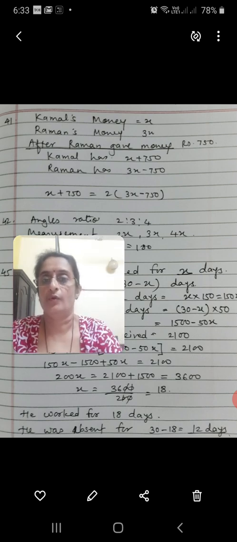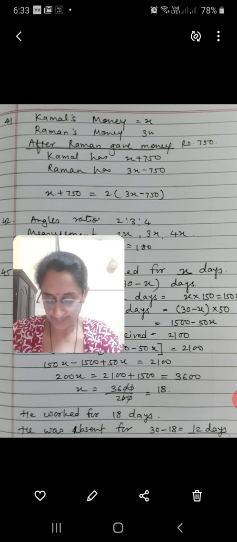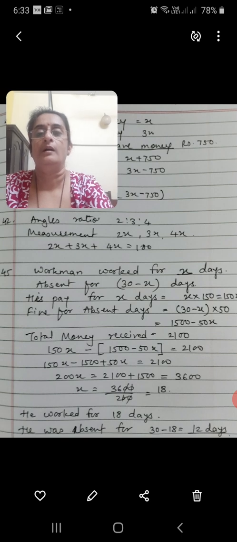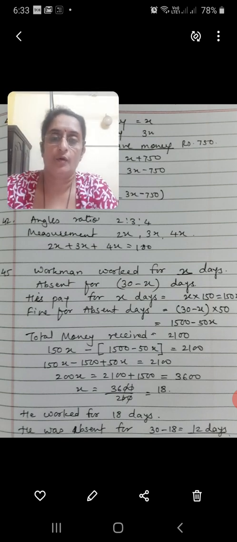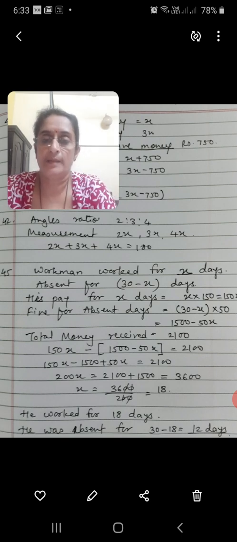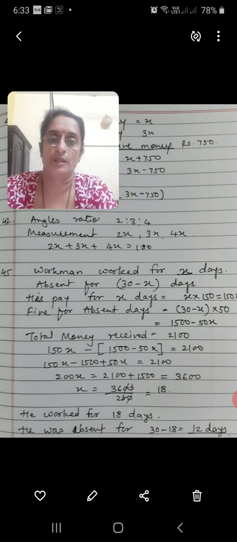Next is 42. The angles of a triangle are in the ratio of 2:3:4. Find the angles. Now children, you know the angle sum property. All the 3 angles together of a triangle are 180 degrees. The angle measurements are not given, but the ratio of the measurement is given, that is 2 is to 3 is to 4.